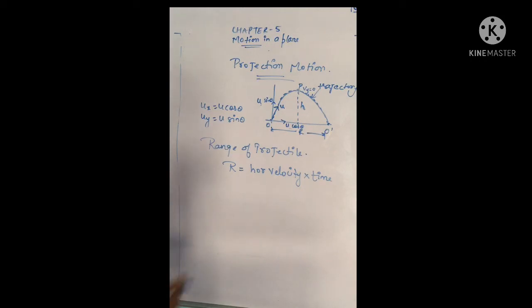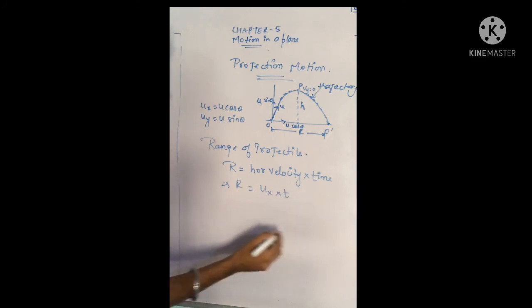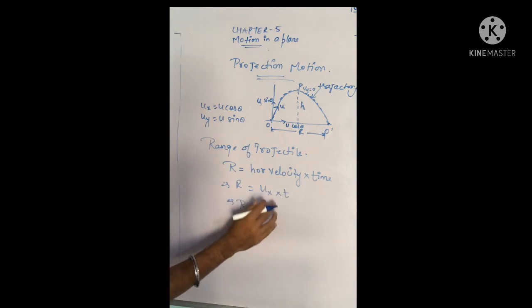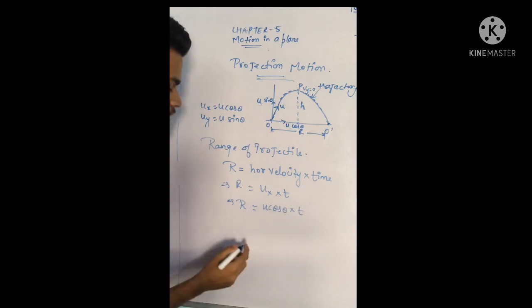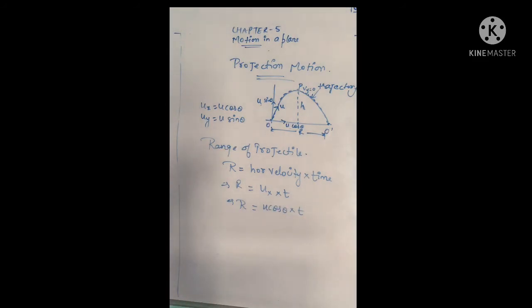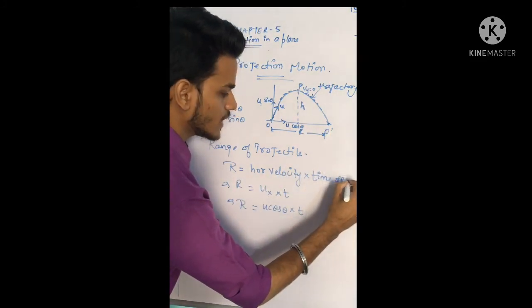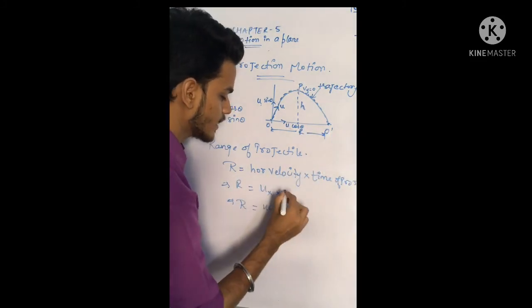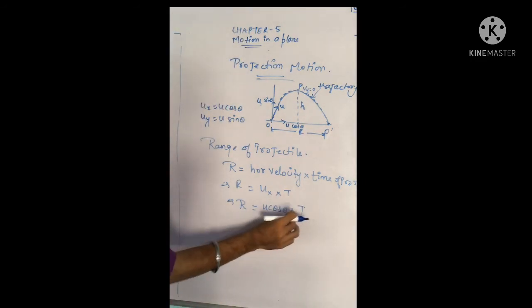What is the horizontal velocity here? Horizontal velocity is ux. So R will be equal to, what is ux? Ux is u cos theta into time. Time here is time of projectile, so we have to denote it by capital T. R is equal to u cos theta into T.